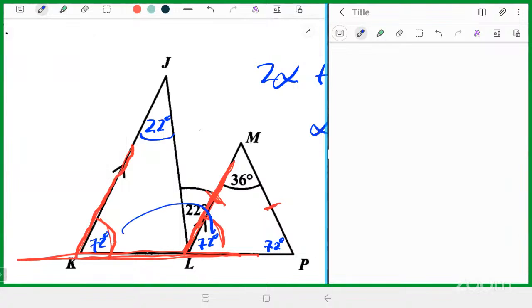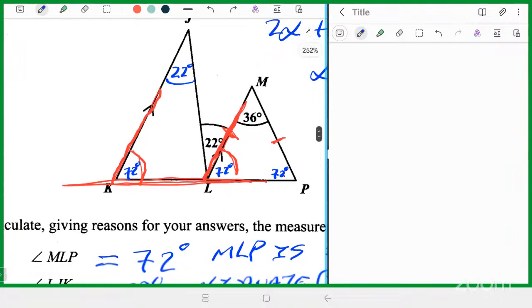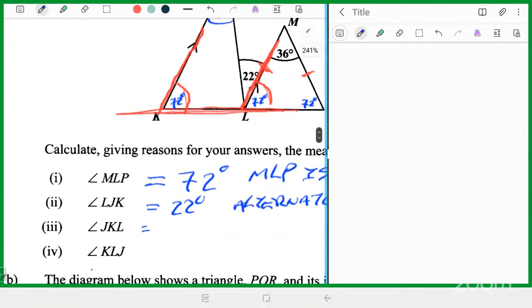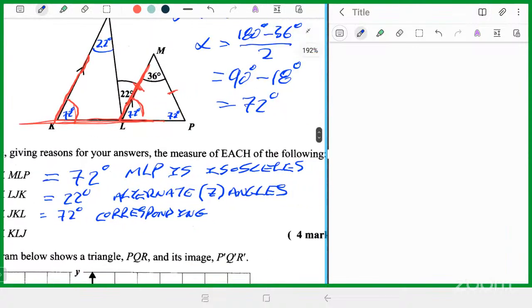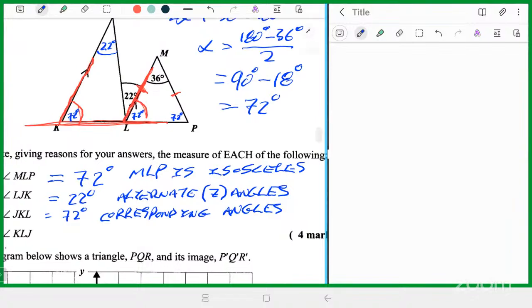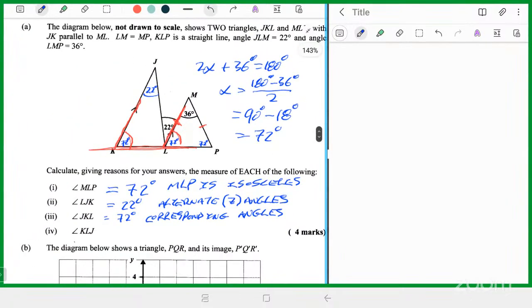Same as this one over here, corresponding angles. This one is 72 degrees. Corresponding angles. All right, but it's equal to this one. Those two angles are the same.